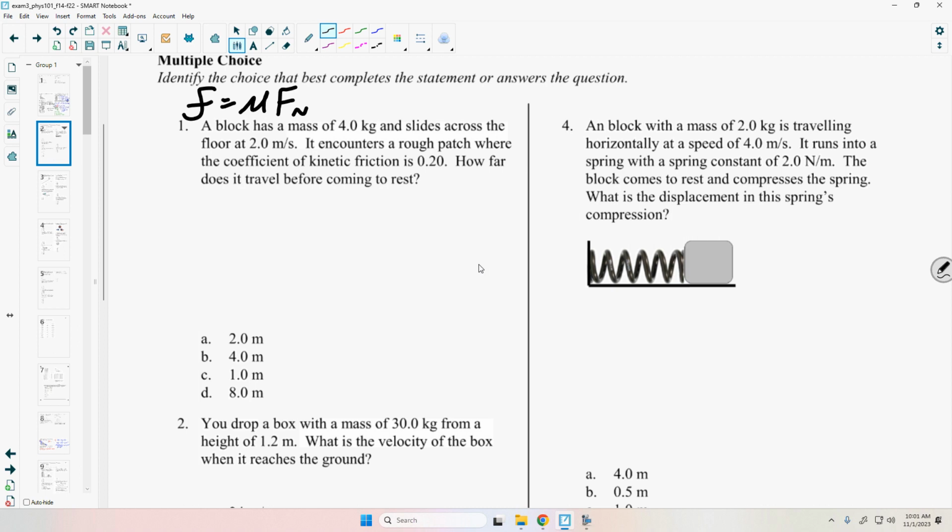And at least for an object on a horizontal surface where the weight is pointed down and the normal force is pointed up, the normal force is equal to the weight, which is also equal to mg. If I'm asking you to find the normal force, it will be on a flat surface and there won't be any other forces. So for the sake of this exam, if you need the normal force, it'll be equal to the weight.